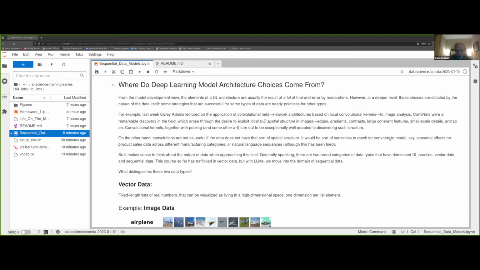So Corey, who last week talked about applications of convolutional nets, which are based on these local convolutional kernels in image analysis. ConvNets were a fantastic discovery, which arose because images have this local 2D spatial structure. In the architecture where you have layers of convolutions followed by pooling, followed by layers of convolutions, followed by pooling, and so on, the top layers of convolution give you the really small scale structure.